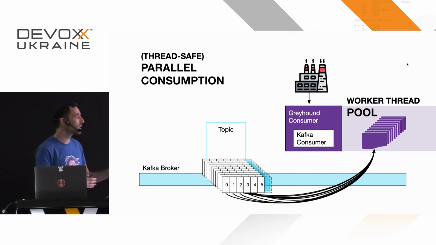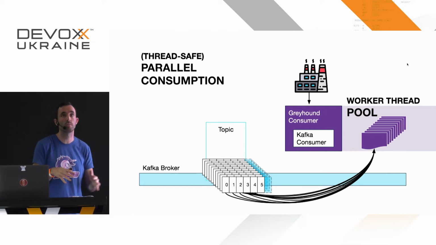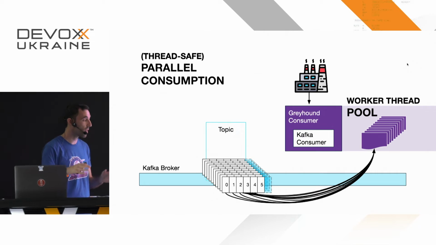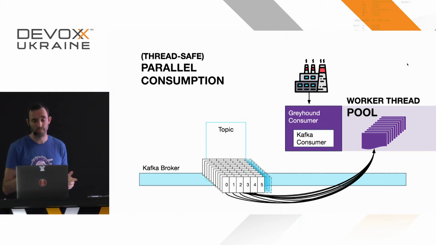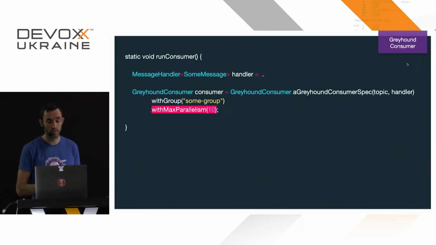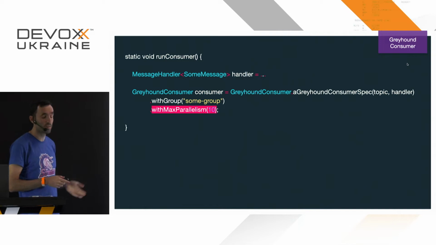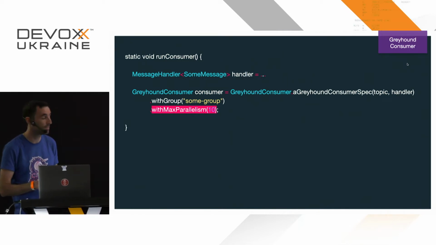So behind the scenes, it will use the Kafka SDK, fetch the messages, distribute them to worker threads, and handle exactly when they need to be committed. And that's basically it. And as you can see, with the very simple, fluent language, you declare the amount of parallelism you need.